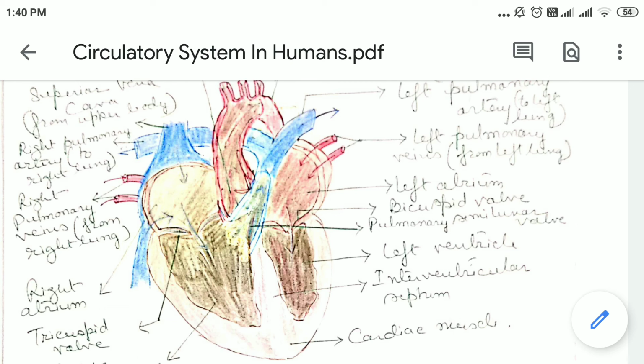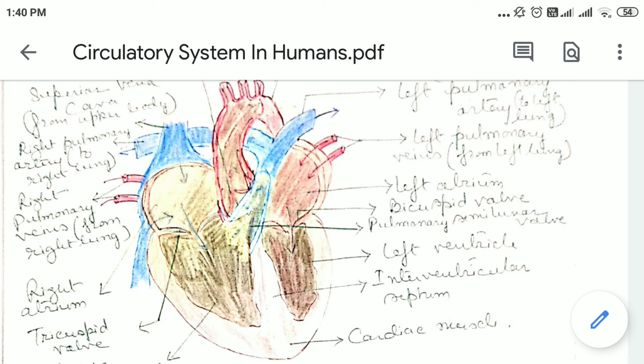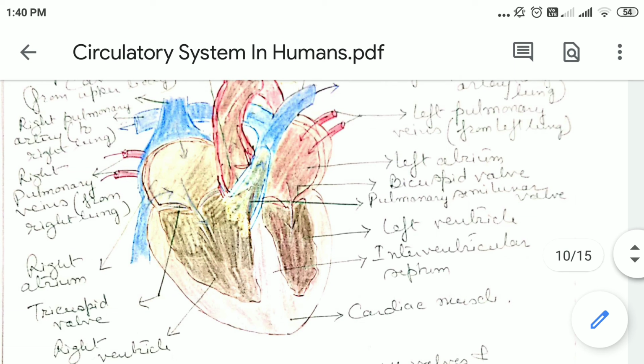Then, into the left auricle, the pulmonary vein is coming from the lungs. This is the right pulmonary vein, entering from the lungs. So this is the diagram of the heart with the four chambers and the great vessels.